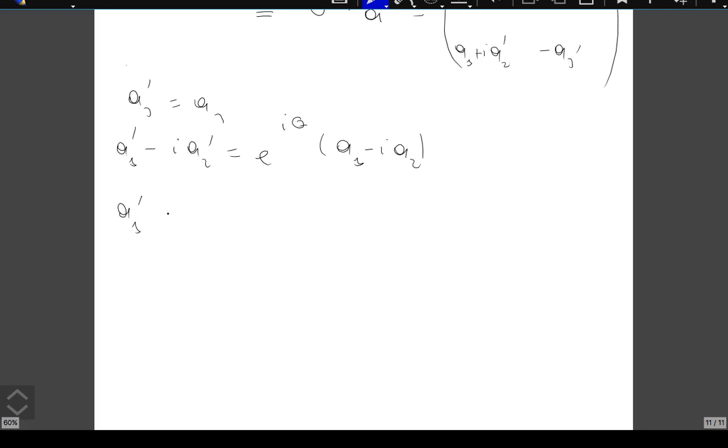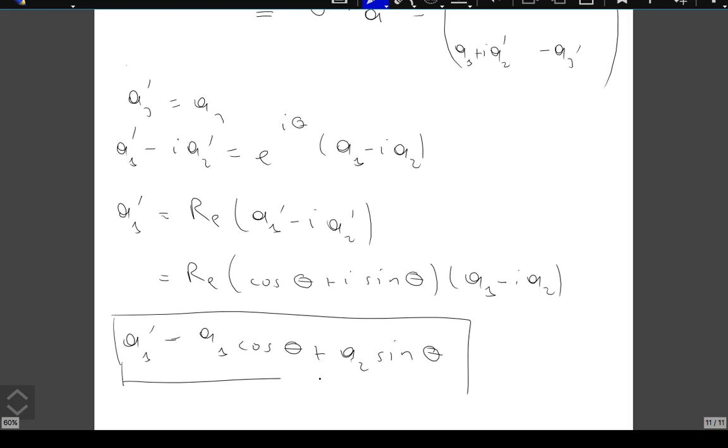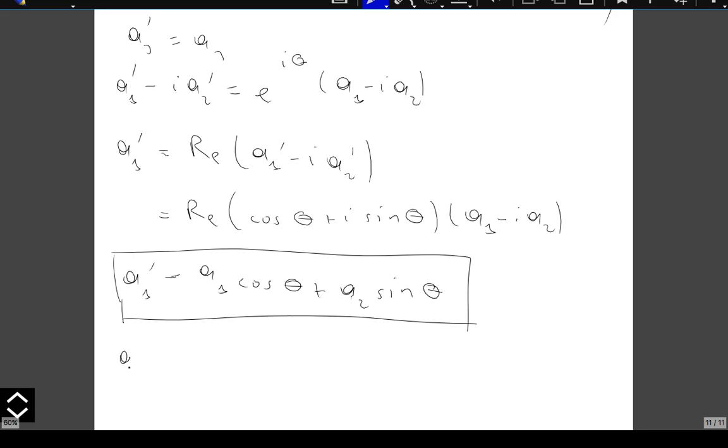Now A1 prime is nothing but the real part of A1 prime minus i A2 prime, which is the real part of cosine theta plus i sine theta times A1 minus i A2. If you just do this multiplication and take the real part, that is A1 cosine theta plus A2 sine theta. We can do the same thing for A2 prime.